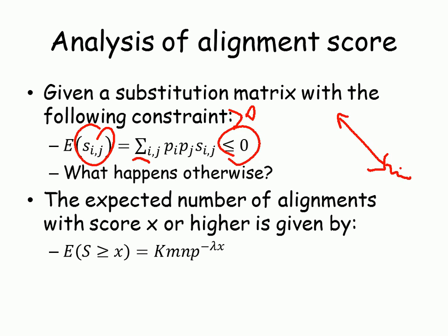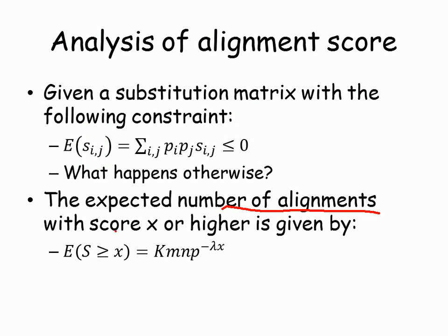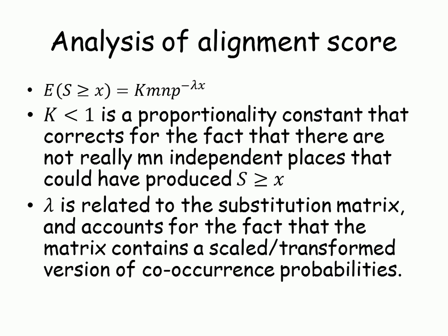So if this number is greater than 0, then you are scoring random residue pairings with a plus score. That means you tend to extend even things that are not necessarily homologous. The expected number of alignments with a score X or higher is given by this formula, and we will see how this formula is generated.